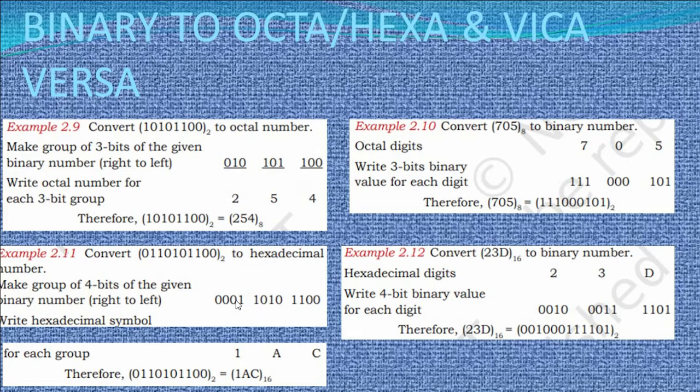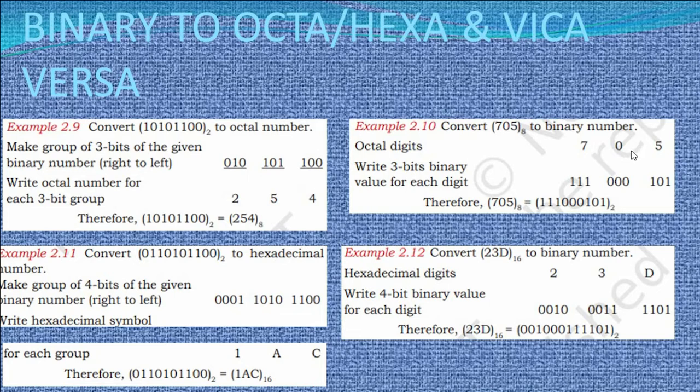After this, we write the hexadecimal symbol for each group. You can refer back to the table and see that 1100 is C, 1010 is A, 0001 is 1. So the hexadecimal number becomes 1AC to the base 16.